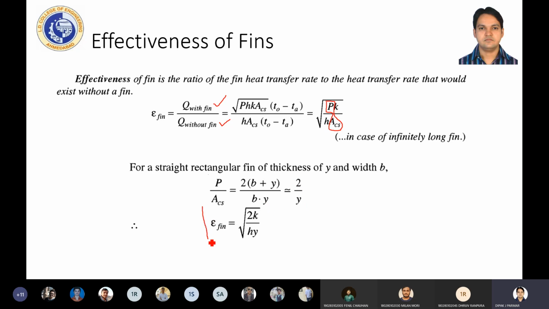Then the effectiveness of the fin will be equal to under root 2k divided by hy. So the effectiveness for an infinitely long rectangular fin depends on only 3 parameters: one is conductivity of the material, second is convective heat transfer coefficient, and third is thickness of your fin.